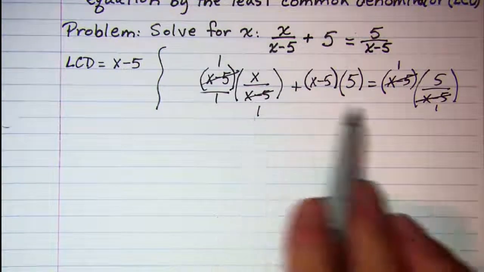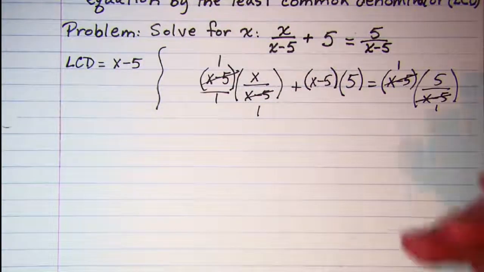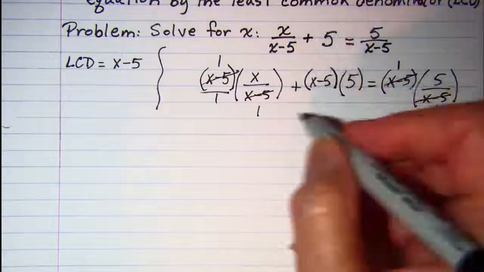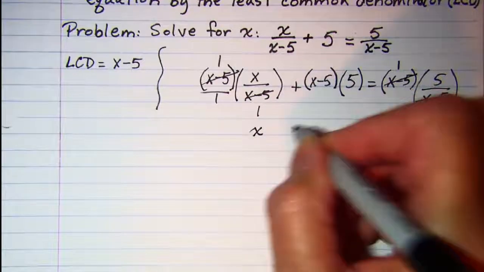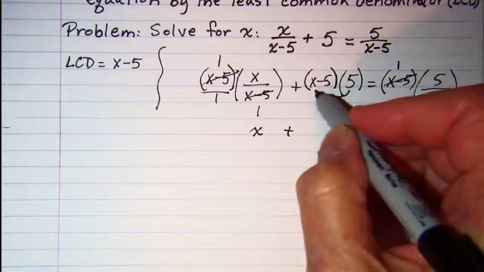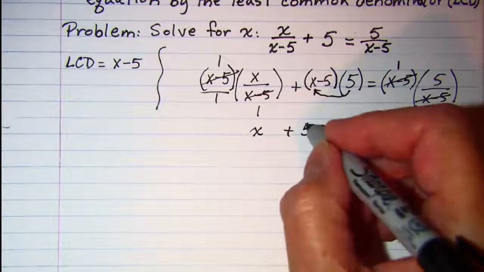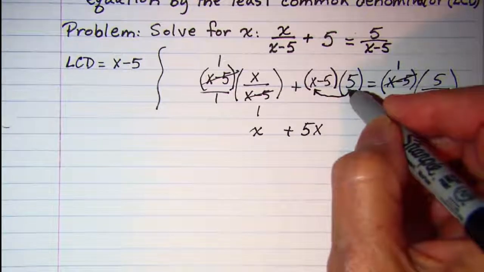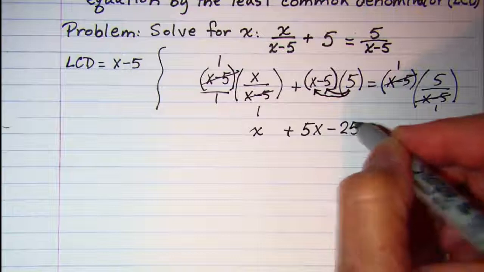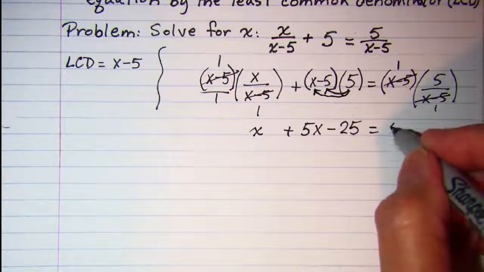In the denominator I have 1, so I don't need to worry about a fraction on this equation anymore. I have 1 times x, which I'll just write as x, plus, I'll need to distribute this 5 through the binomial. So 5 times x is 5x, and then 5 times negative 5 is negative 25. And then on the right side I have just 5.